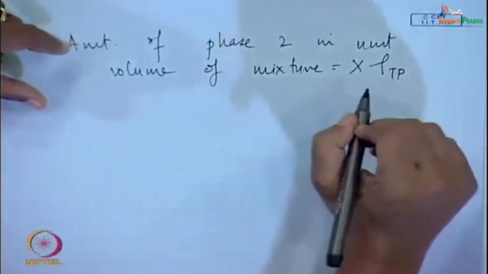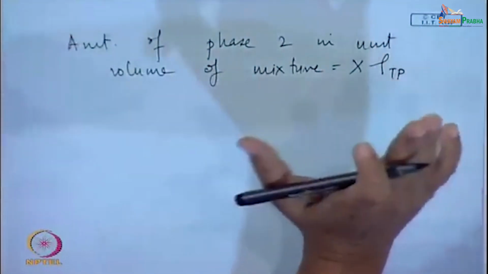Now, you see on this reverse. In this particular unit volume, what is the volume of phase 2? Alpha. Think and say, what is the total volume of phase 2 in unit volume of the mixture? It is the volume fraction of phase 2 in the mixture.